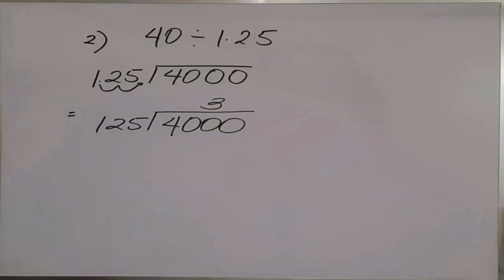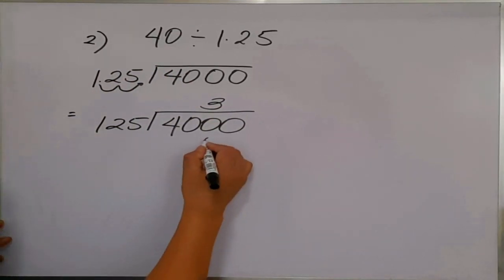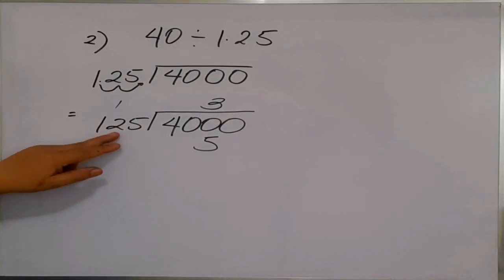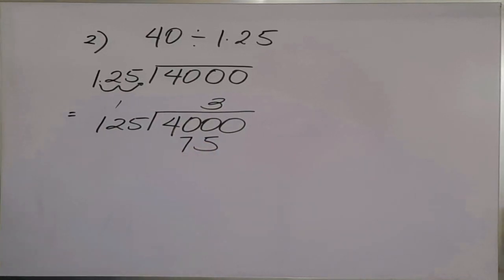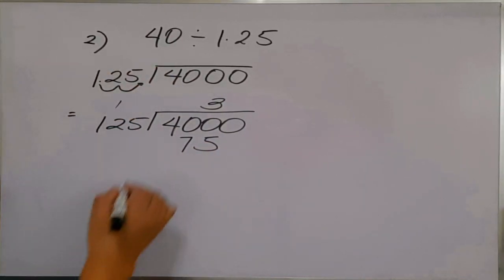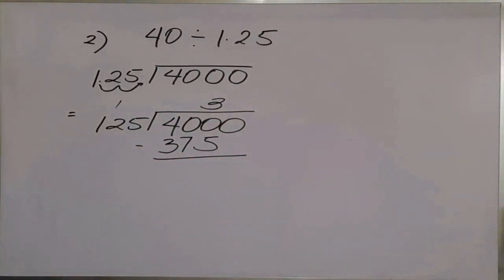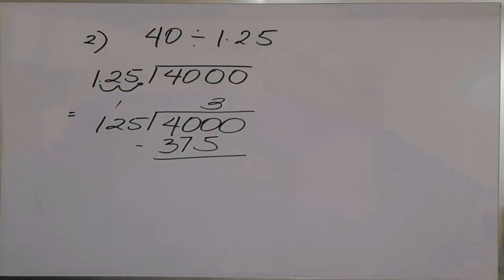And then we multiply. 3 times 5 is 15, carry 1. 3 times 2 is 6, plus 1 is 7. And 3 times 1 is 3. And then we subtract. 400 minus 375.